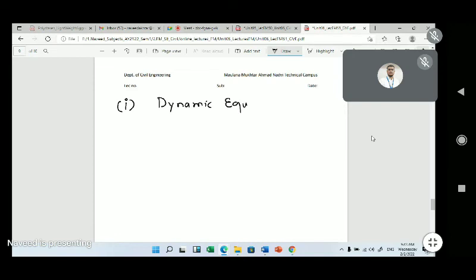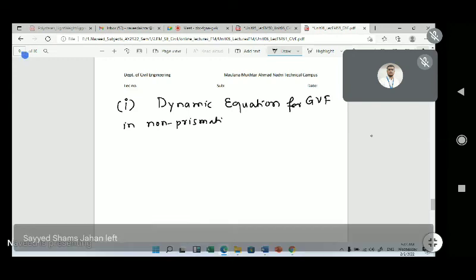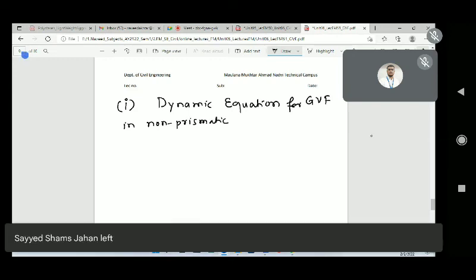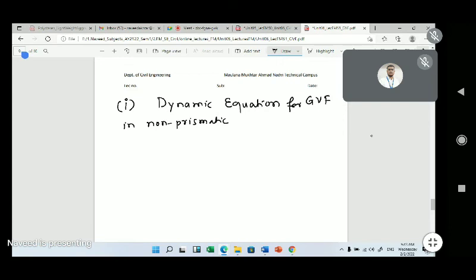Write down the formulas. Dynamic equation for the gradually varied flow in a non-prismatic channel. Non-prismatic means irregular channel.